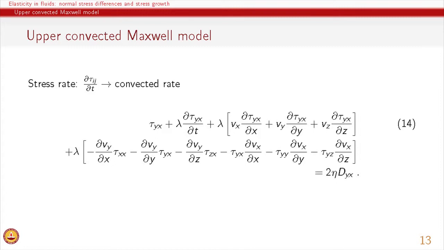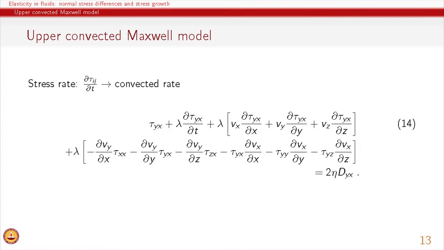The next set of terms that you see are basically what are also there in the Navier-Stokes equations, or any time we have the material derivative. So, these two together are basically the total derivative of the stress, one which accounts for change in stress with respect to time only, keeping the position fixed.